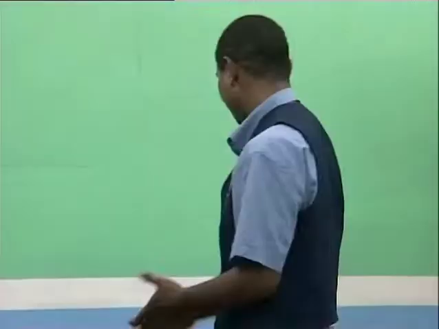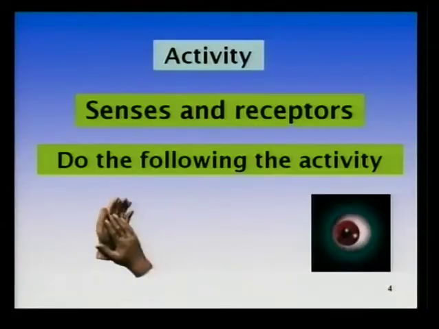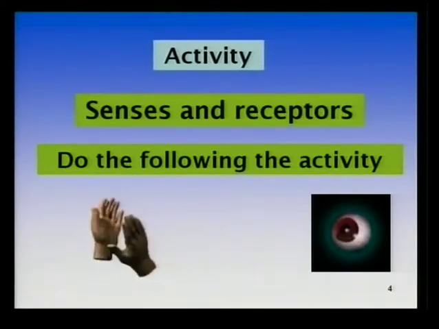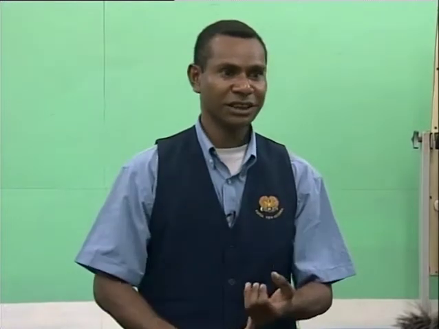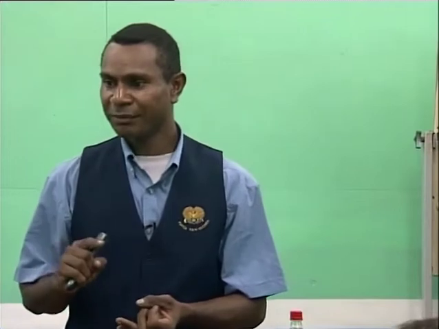But let's move to our activity. Our activity for today is senses and receptors. Now we are going to be doing the following activities. You were asked to bring sugar, some toothpicks.